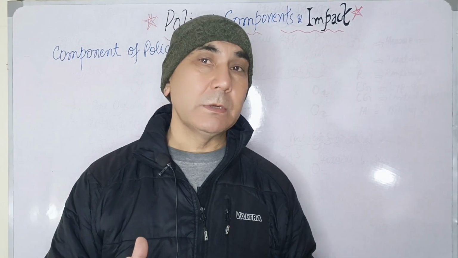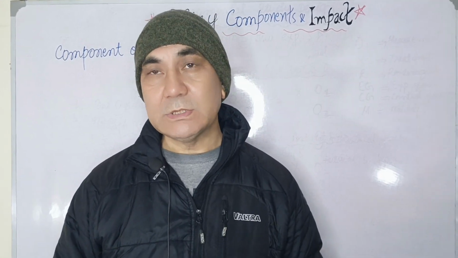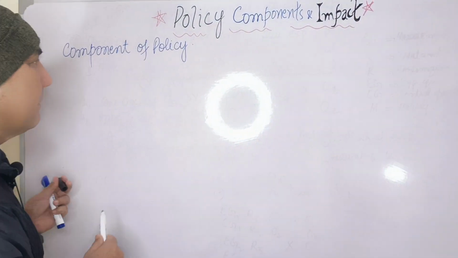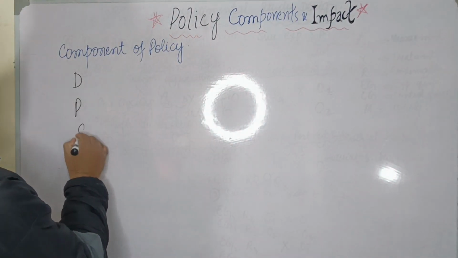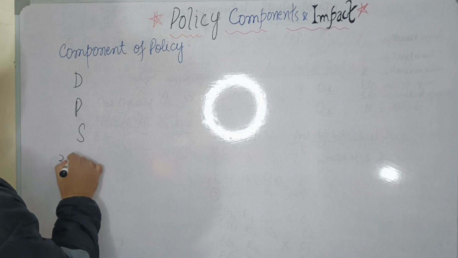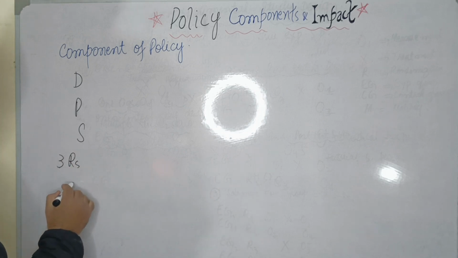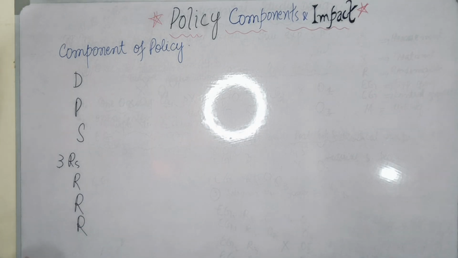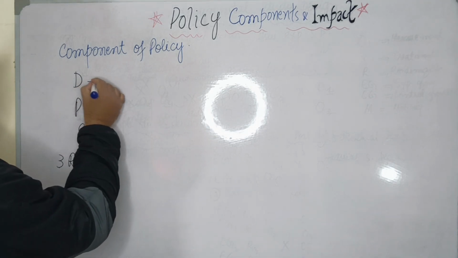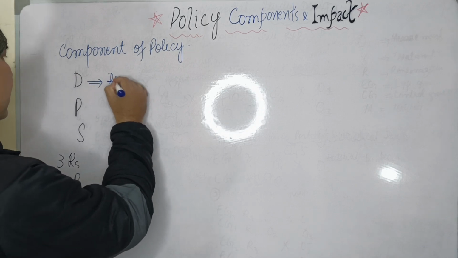To remember the components of the policy, you should remember this abbreviation: DPS and three R's. The first R, the second R, and the third R we will discuss later on. So the first one, D, is for the definitions.